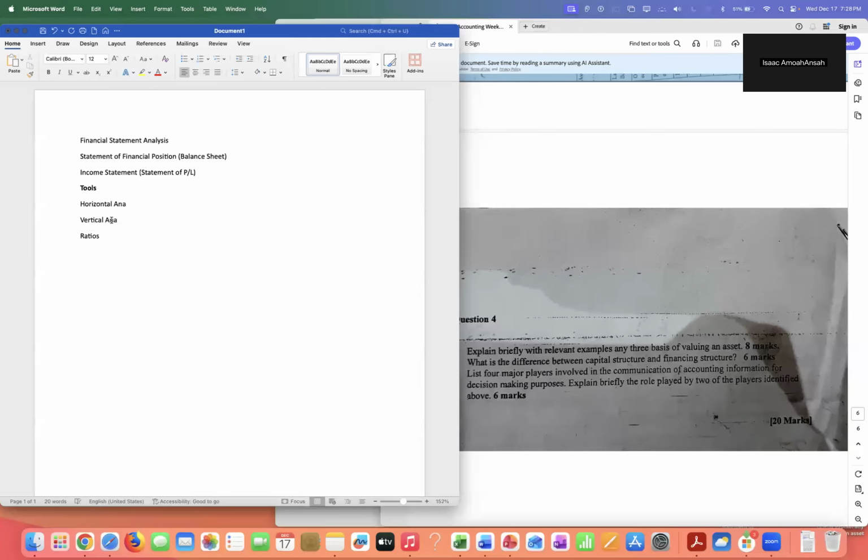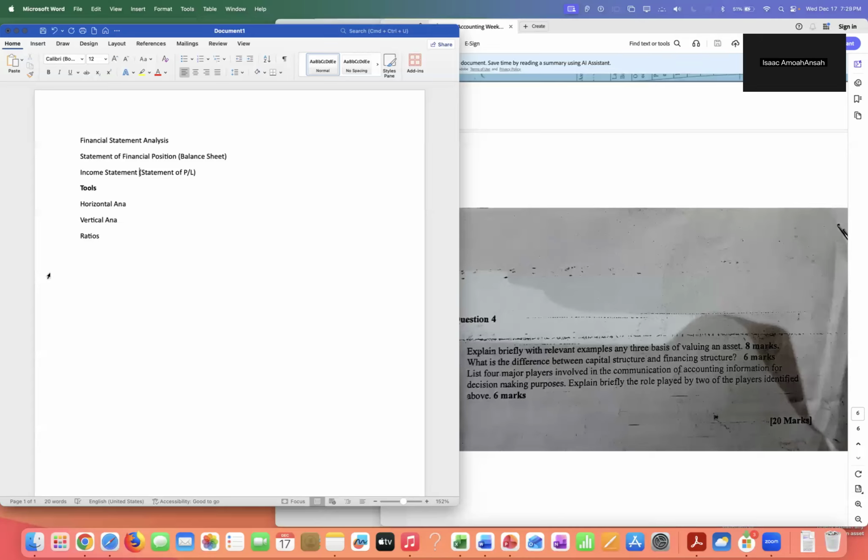So if we are given 2024, 2023, we can note the growth in the performance of the firm in 2024, right? Hence, 2023 becomes a benchmark for 2024, so every figure in 2023 becomes 100%. Out of it, we want to see growth, whether the items grew positively or negatively.